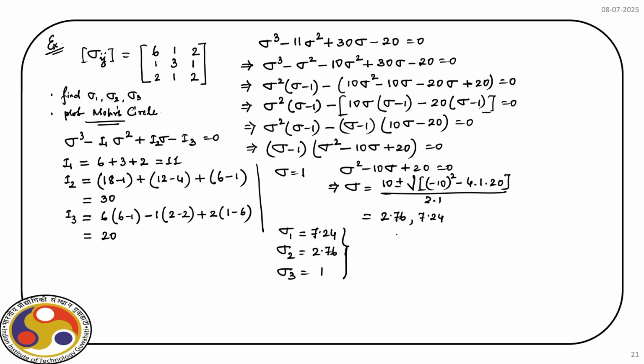So, the direction cosines or eigenvector corresponding to each value of sigma that we get is minus 0.3015, minus 0.3015 and then 0.9045. That is the first eigenvector. Each component will give us the direction cosine. So, we have nx, ny and nz.